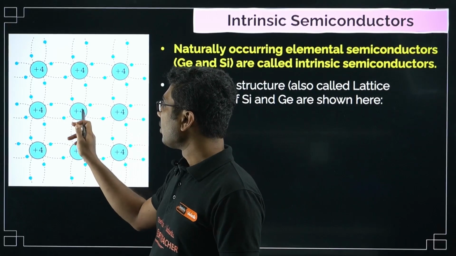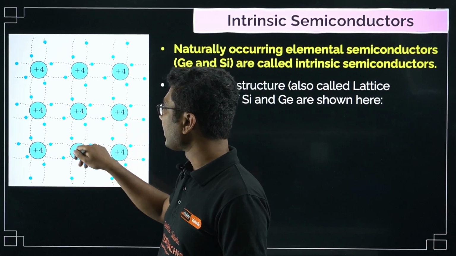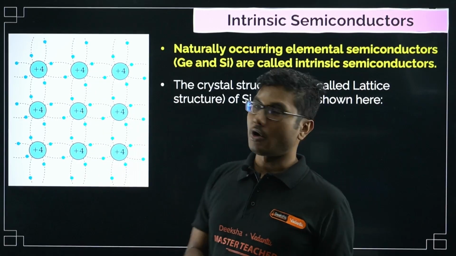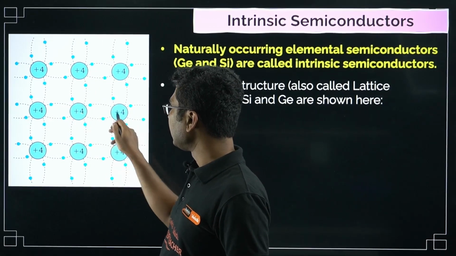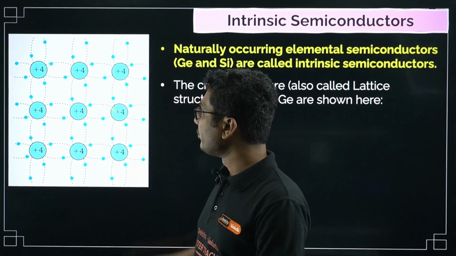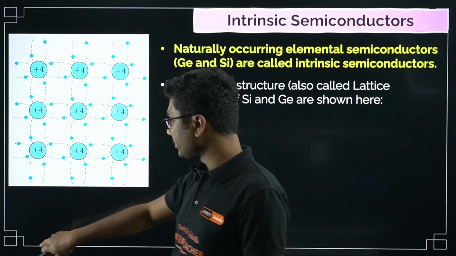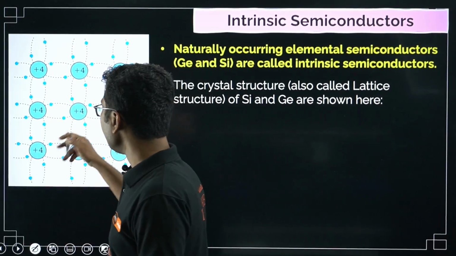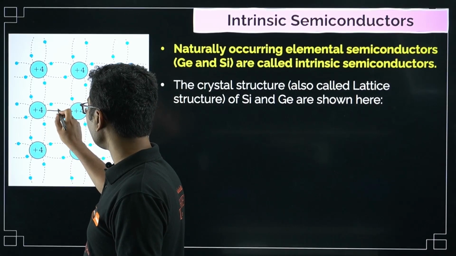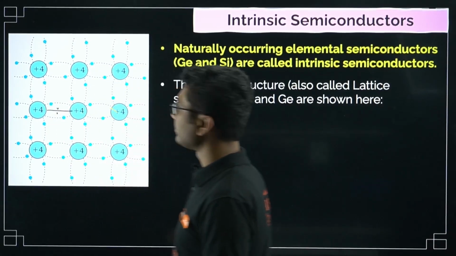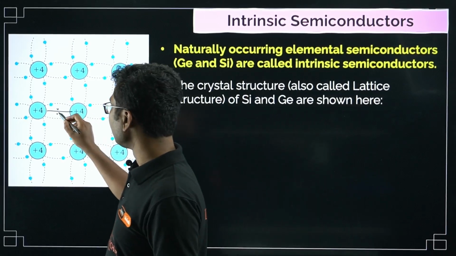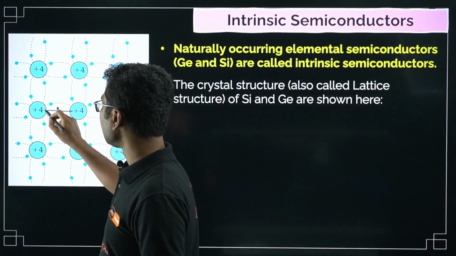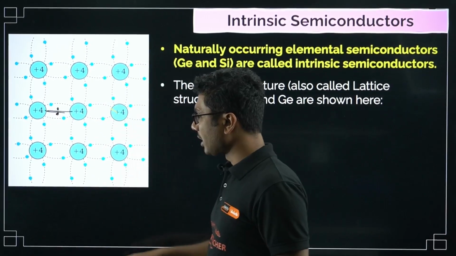He has 2 silicons on his right and left and another 2 on top and bottom, and they are making covalent bonds like this. If you are not accustomed to this, you can imagine them this way as well, like we used to do. This is how the electron is being shared. 2 electrons are shared amongst them. This is a single bond, not a double bond.